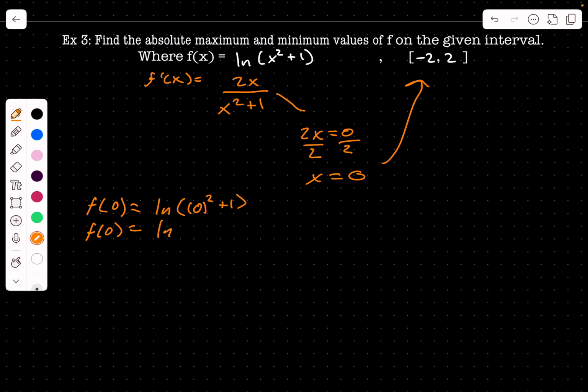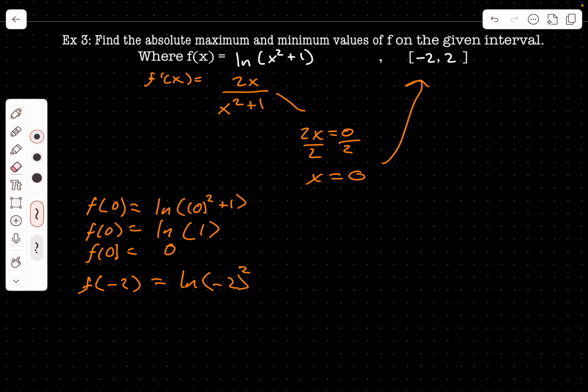Then we get ln of 1, and ln of 1 is 0. Then let's do our endpoints, ln of negative 2 squared plus 1.